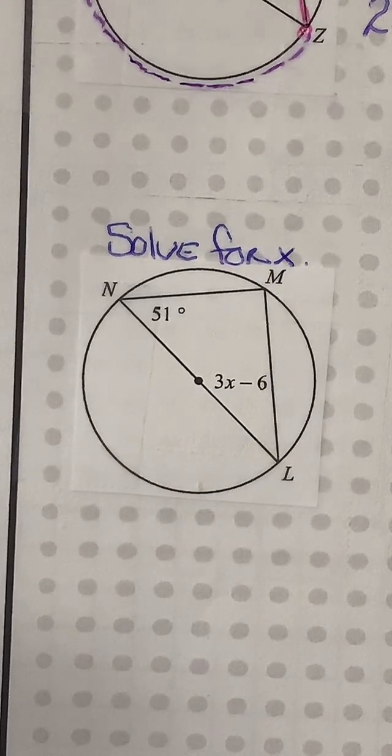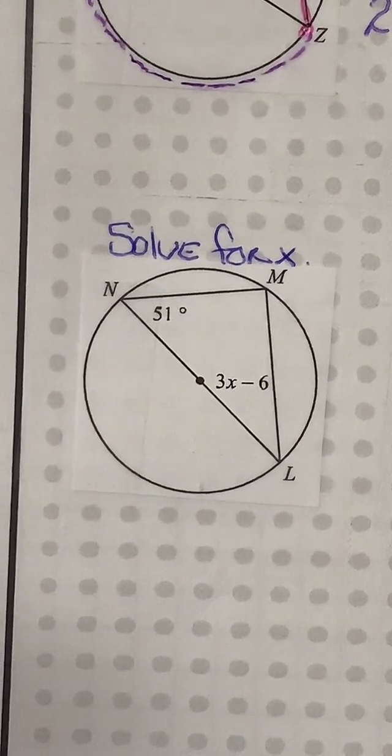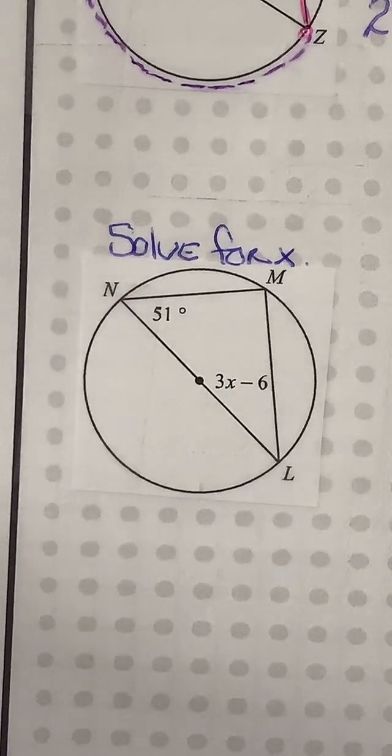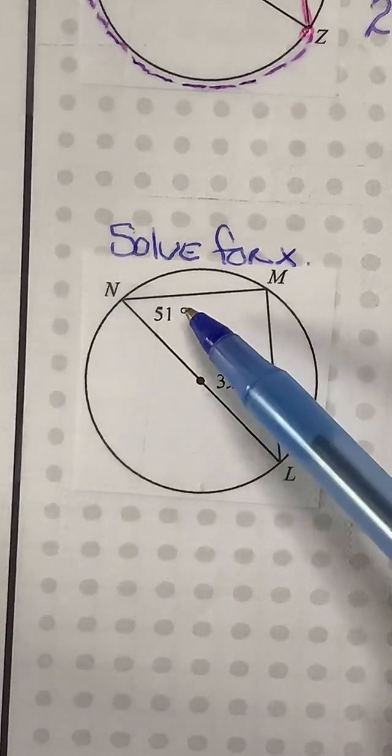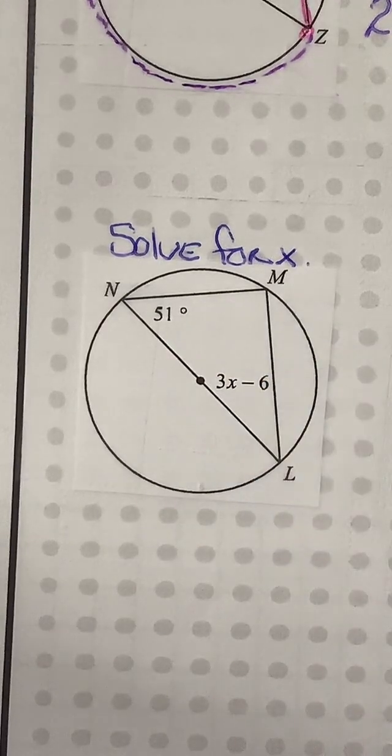Okay. So what are they giving us? Well, they're giving us an angle of 51 degrees.